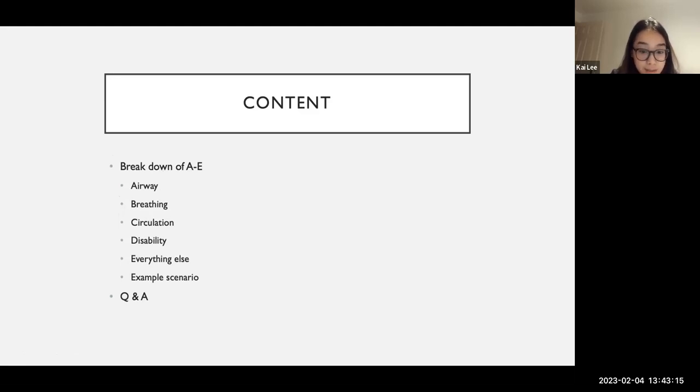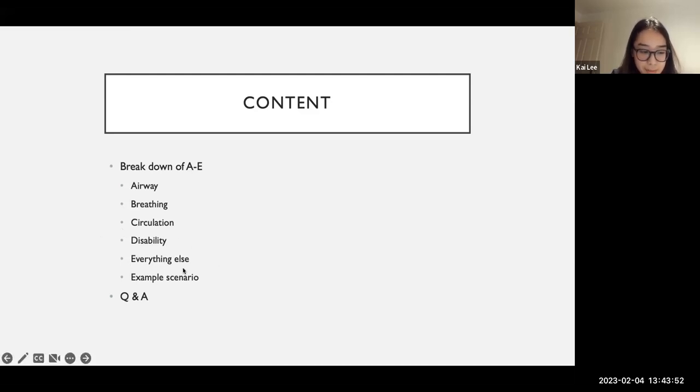In terms of circulation, it's a good time to assess whether the patient requires additional fluids, and to do an ECG and additional blood tests to help narrow down the differential diagnosis further. Disability covers everything else: don't ever forget about glucose, and make sure the patient is neurologically grossly intact, that their pupils are equal and reactive, and that they're currently alert.